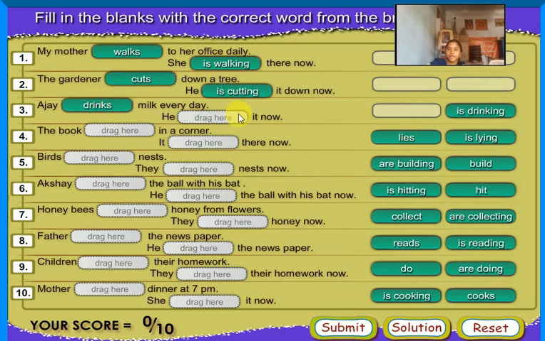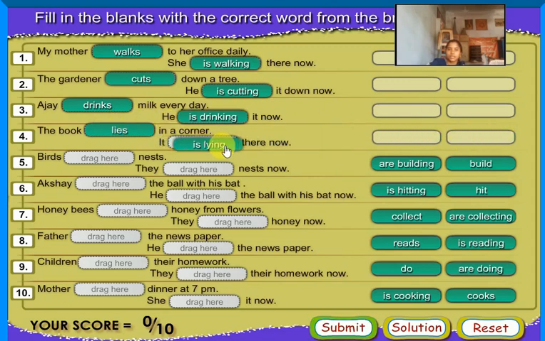Drinks. He is drinking it now. Is drinking. The book lies in a corner. Lies. It is lying there now. Is lying. Birds build nests. Build. They are building nests now.